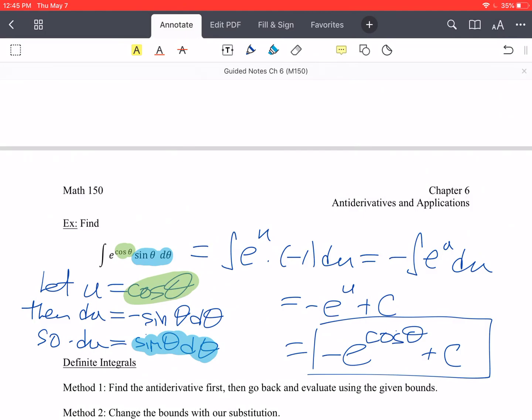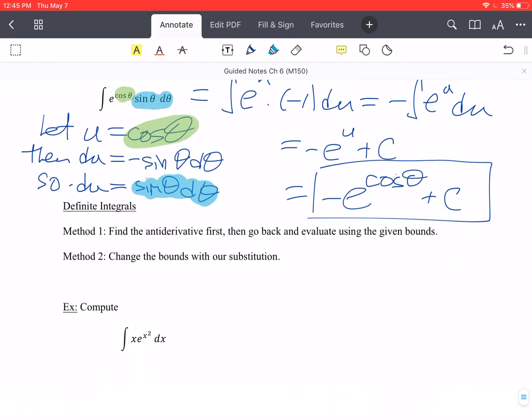Now, the last thing. Up until this point we've only been dealing with indefinite integrals, so we haven't talked about how we change bounds, right? How do we deal with definite integrals that give us a specific interval? So we have two methods of dealing with these integrals. The first is you can basically do what we've been doing.